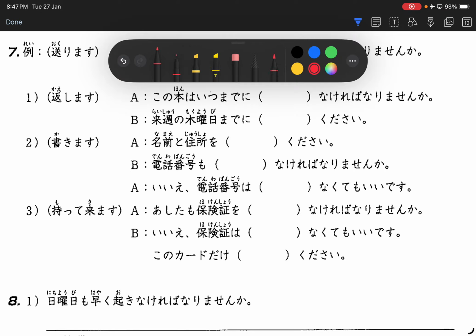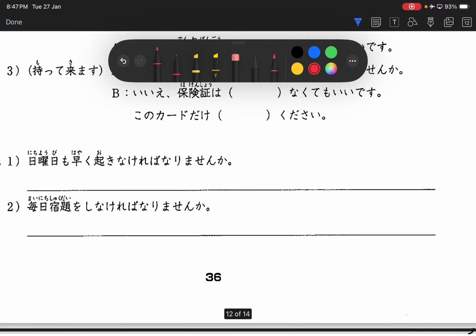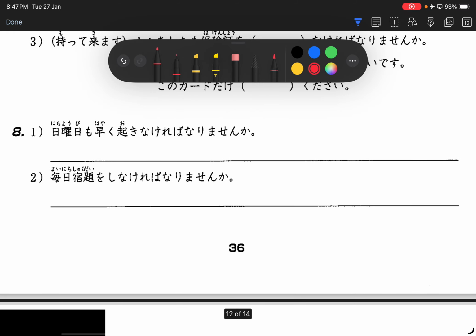持ってこない、持ってきて。Good. Okay, Raymond. 日曜日も早く起きなければなりませんか。日曜日は会社が開けないから早く来なくていいです。Okay, we want to say the company never opens, but we don't say it that way in Japanese.